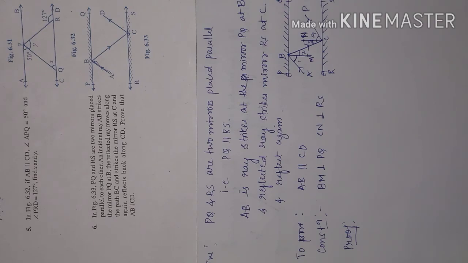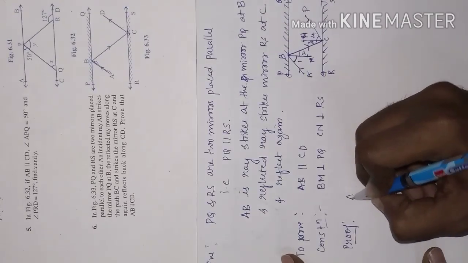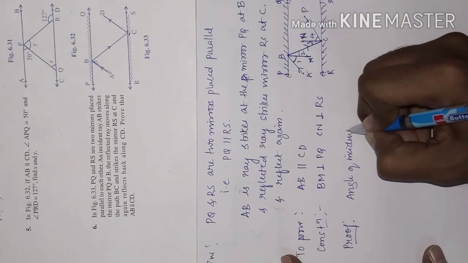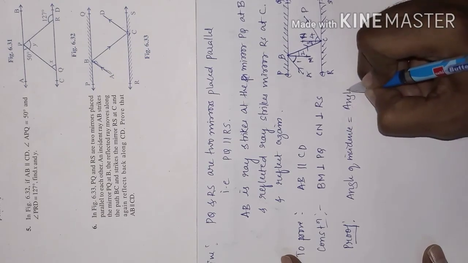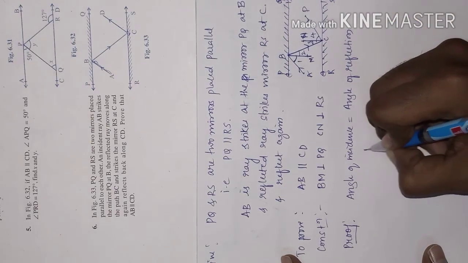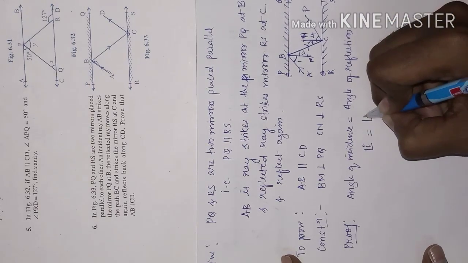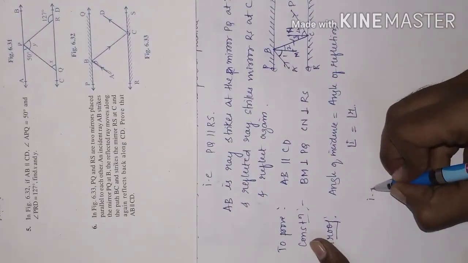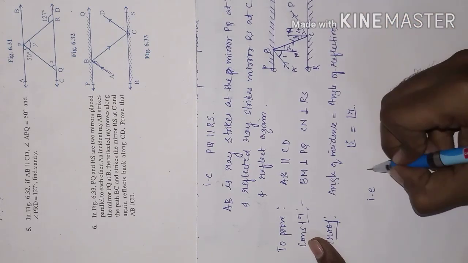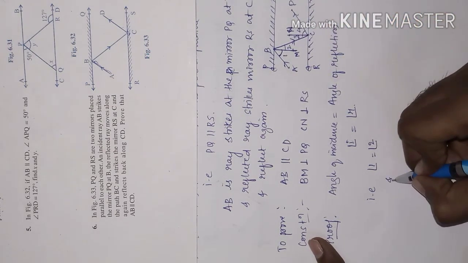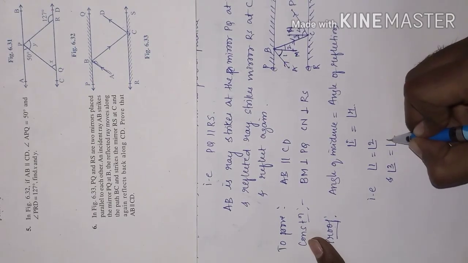So let us use the concept: angle of incidence is equal to angle of reflection, that is angle I is equal to angle R. So it means angle 1 is equal to angle 2 and angle 3 is equal to angle 4.